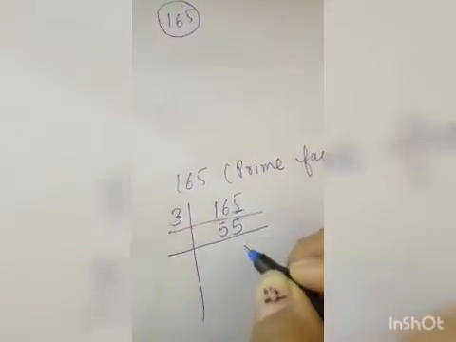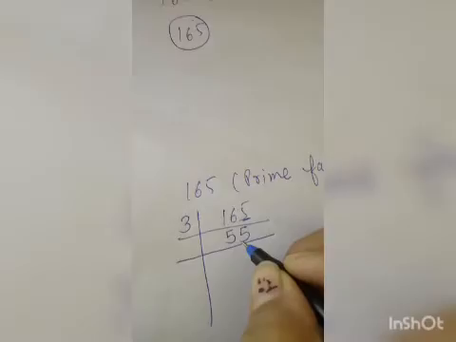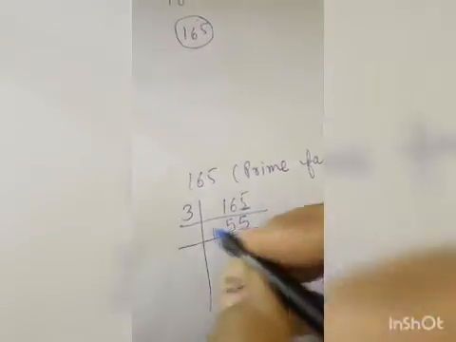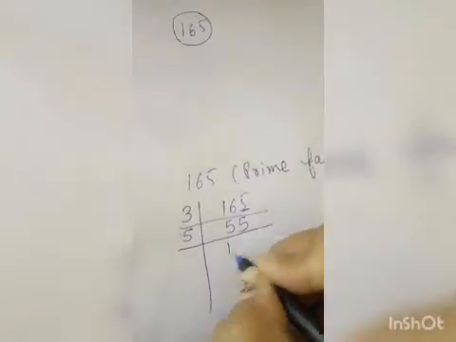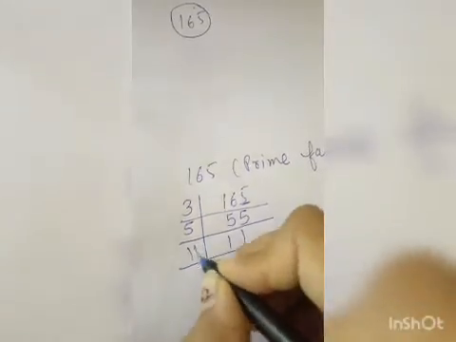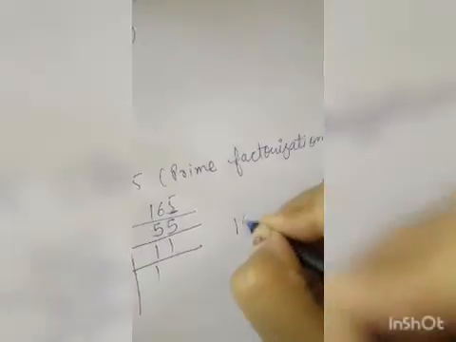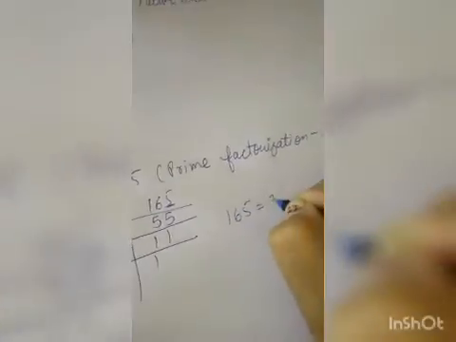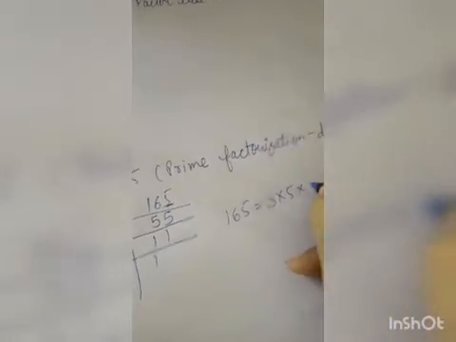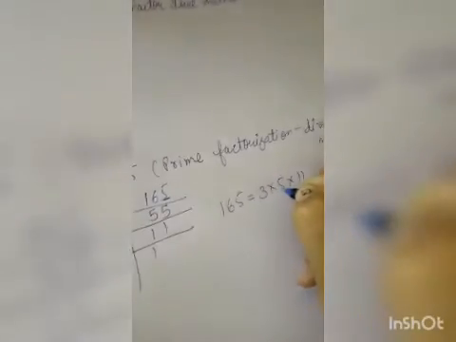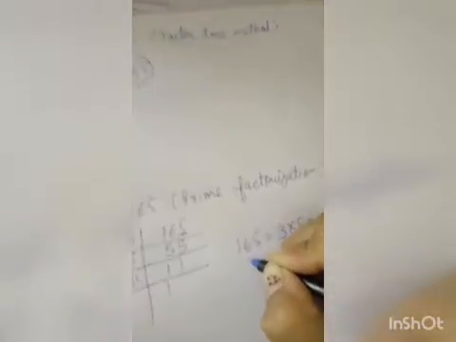Now if any number ends with 0 or 5, we can easily divide it by 5. So 5 1s are 5, 5 1s are 5. Now 11 1s are 11. So how can I write 165? I can write it 3 into 5 into 11. 3 5s are 15, 15 11s are 165.